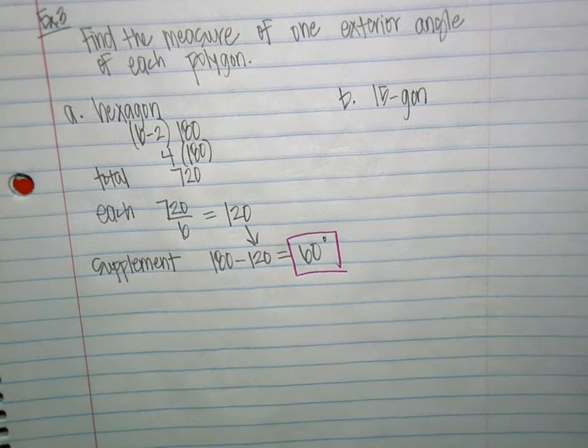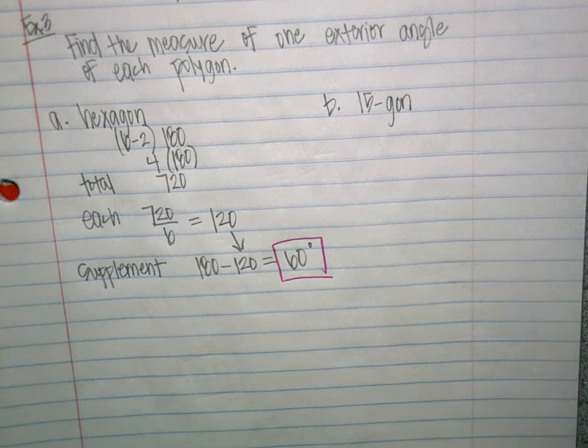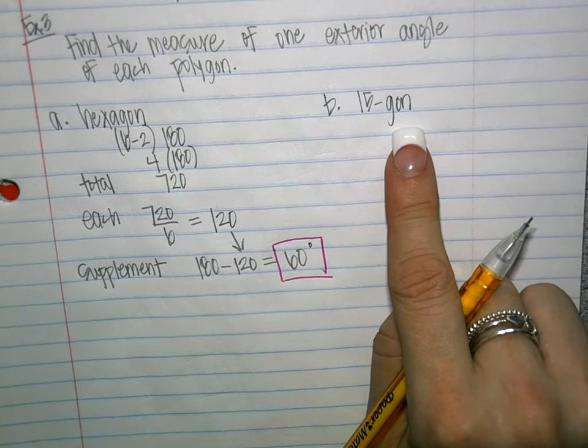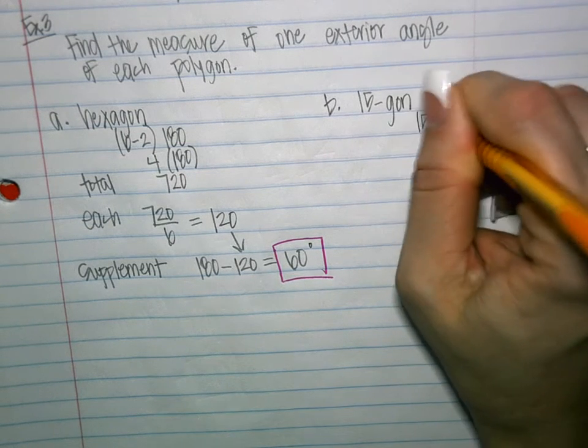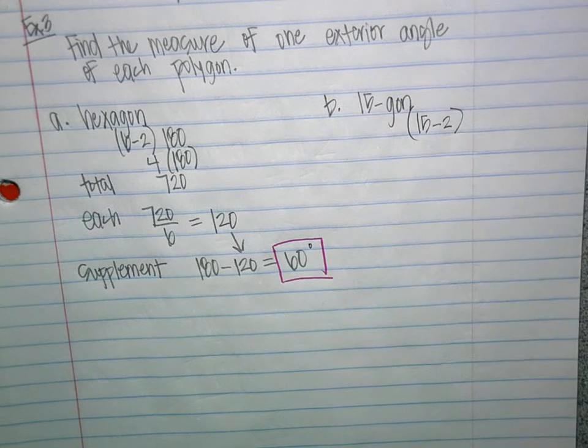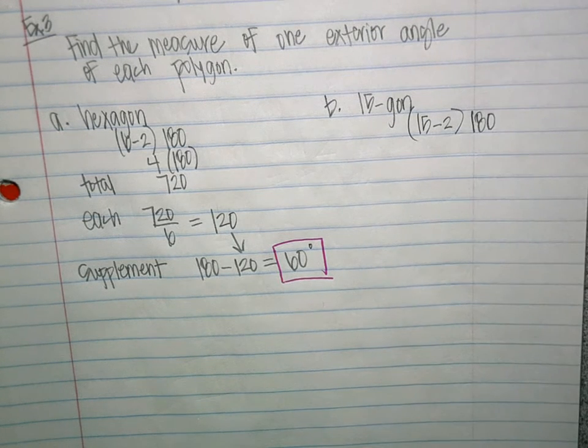Now do this last one. Find a 15-gon. If you know how to do that, give me the process. What do I first do? Number of sides minus 2, multiplied by 180.